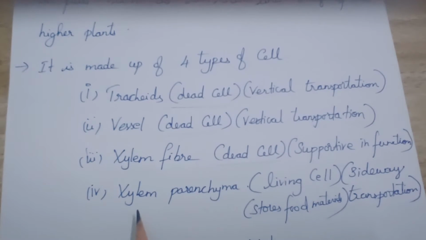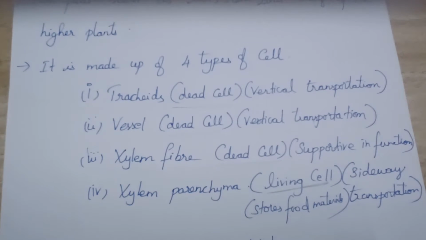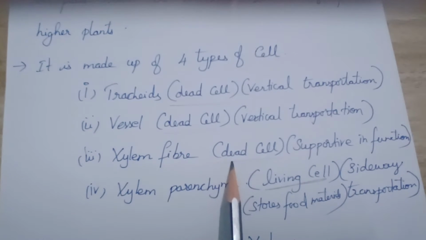Only the xylem parenchyma is made up of living cells. It has a nucleus. In detail you have studied everything in the 9th standard. I will just give a few recaps. All these 3 are made up of dead cells. So usually the xylem is mainly made up of dead cells.